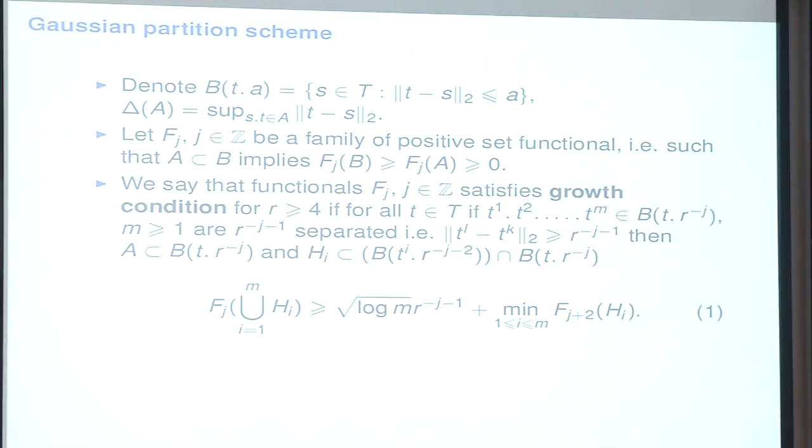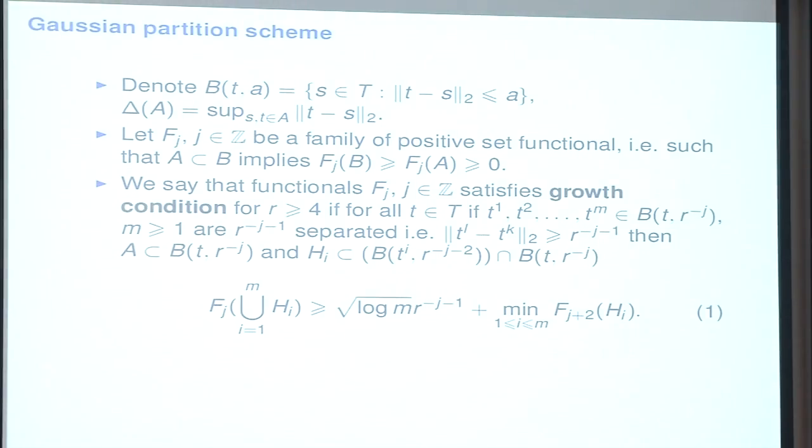And if we know that we have a family of sets that are well separated, so they are covered by some ball of radius 2^{-j}, so it's a bit smaller than the level of separation, we know that we can gain something, but only when we go to the set which is of much smaller diameter.